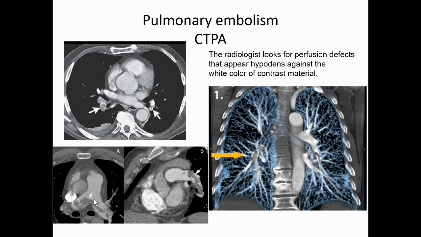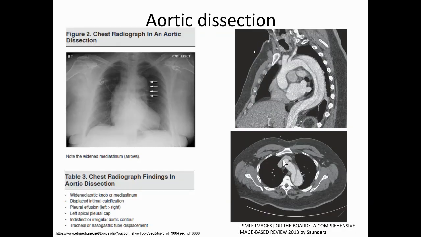Or on the lower images, you can see within the main pulmonary artery, or at the intersection of the main pulmonary artery, that there are a lot of filling defects. And on the right image, you can see that we can generate these virtual reality images, which is a little bit easier to understand for those who are not familiar with these axial slices.